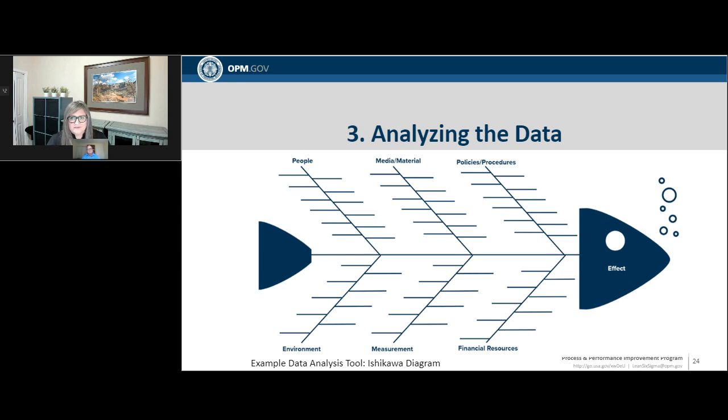This particular tool, called an Ishikawa, is something we commonly use in looking at the root causes of what might be going on. One of the reasons we use it is that it balances the ideas generated or the thoughts around challenges and issues that we're seeing, and really forces us to look at this through various lenses.